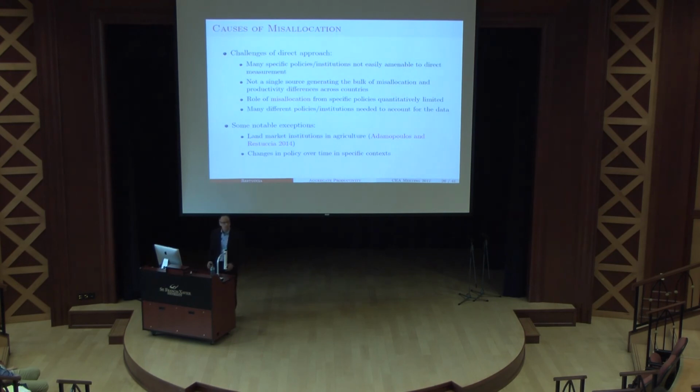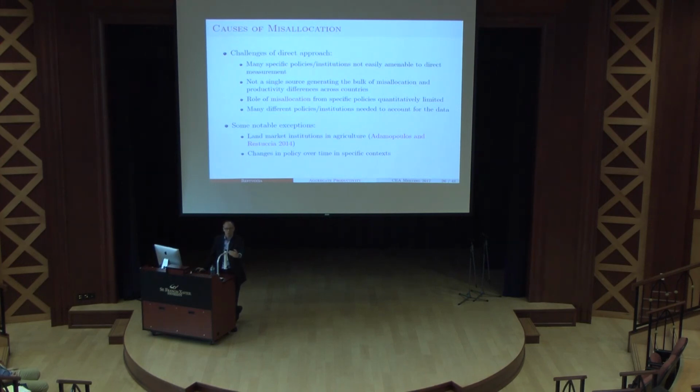Now, the challenges that you see here involve, while now you have a better control in terms of what's driving the misallocation, and therefore you have direct policy recommendations, there are many policies that you want to study that are not easily available to direct measurement. One issue is that many things that distort allocation would not show up necessarily in the law, in the tax code, but they are really effective.